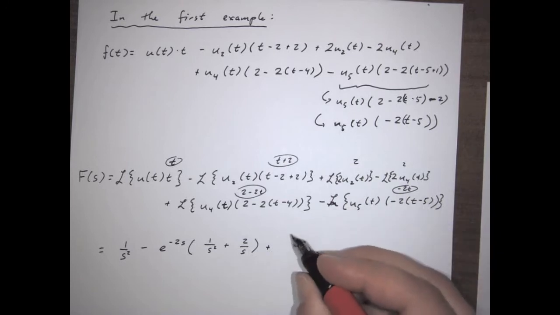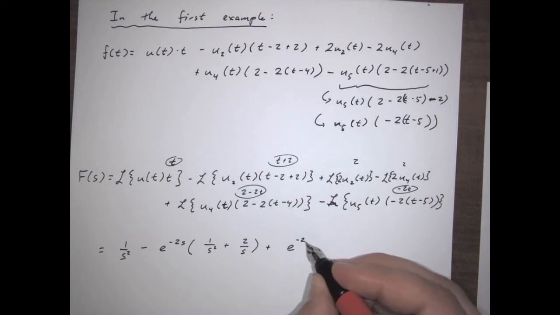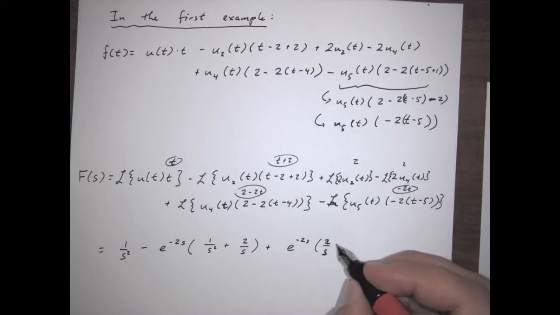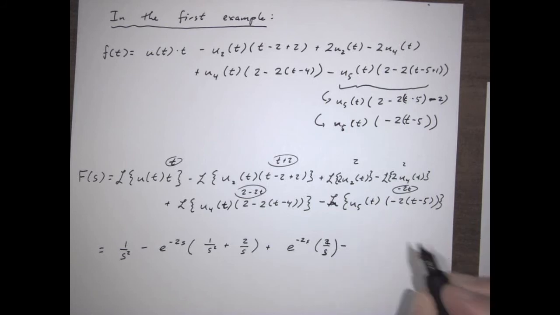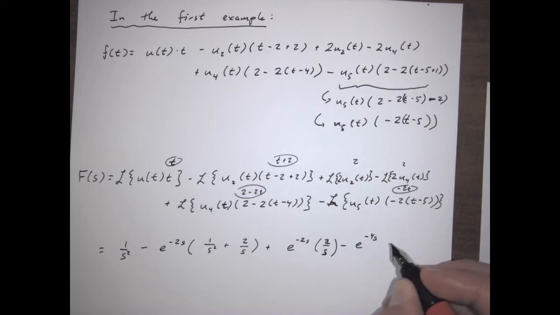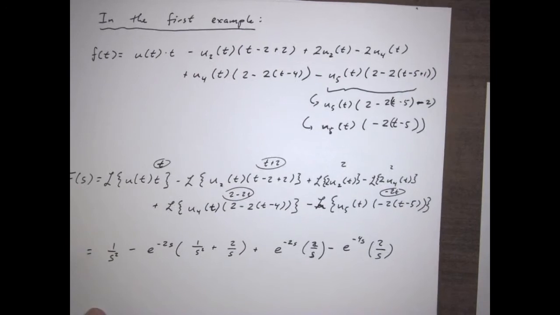In any case, it's going to be e to the minus 2s times 2 over s, and then minus e to the minus 4s times 2 over s.